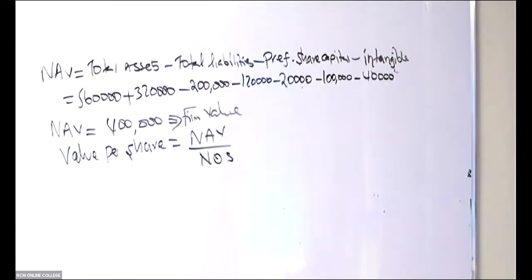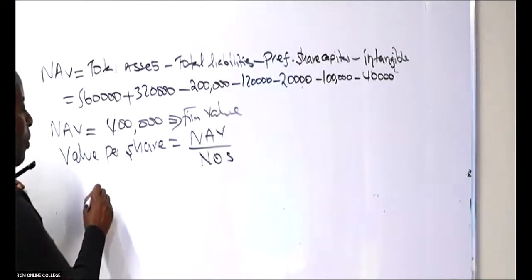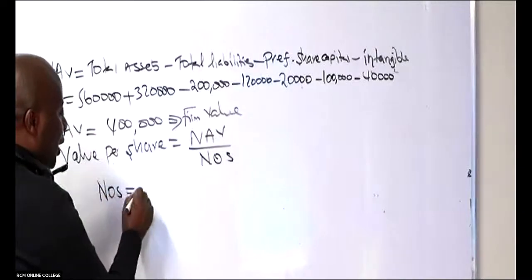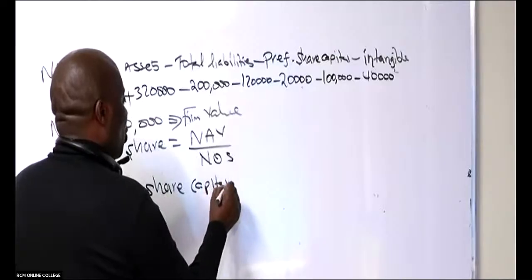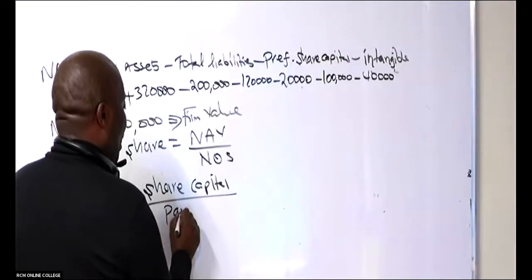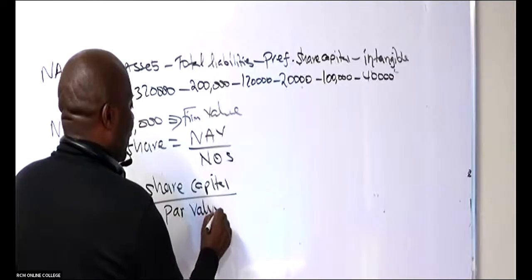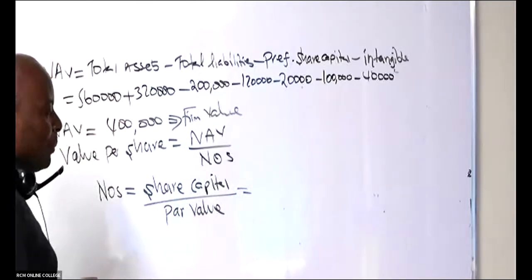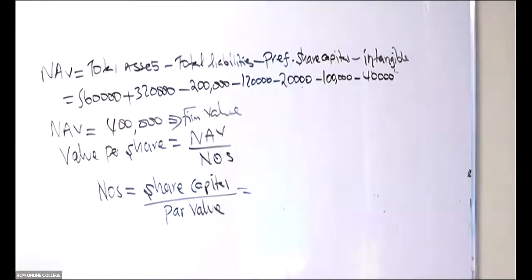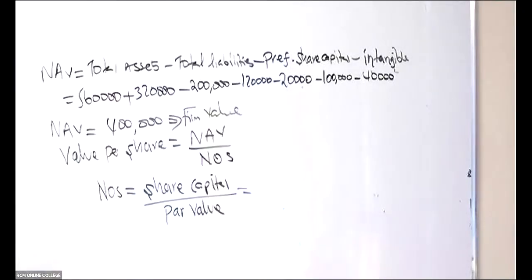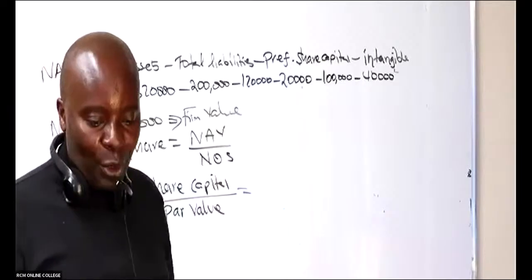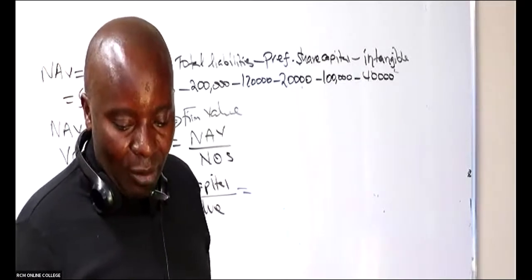And to get the number of ordinary shares from the balance sheet, this is normally what we do. We take the share capital and divide this by the par value. Whenever you want the number of ordinary shares, you take the share capital provided and divide it by the par value.